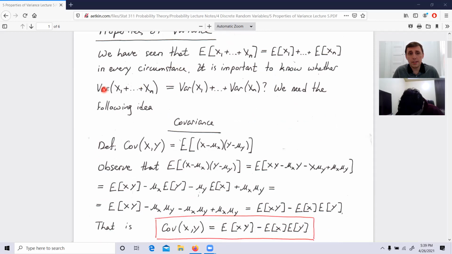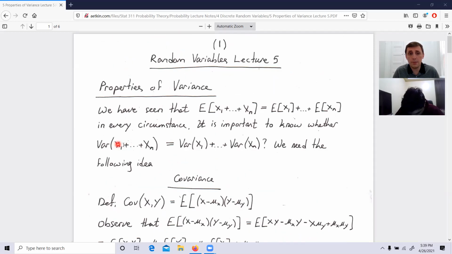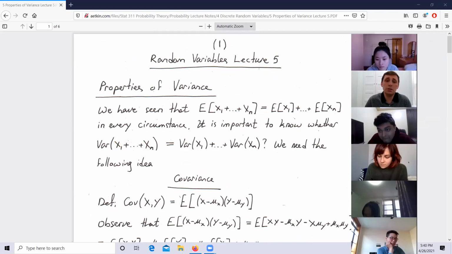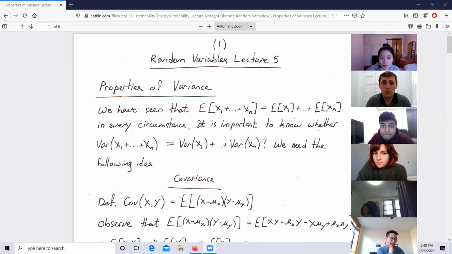When is the variance of the sum of x1 through xn, if you remember, equal to variance x1 plus variance x2 plus variance and onwards? Could you remind me, please, if you remember?